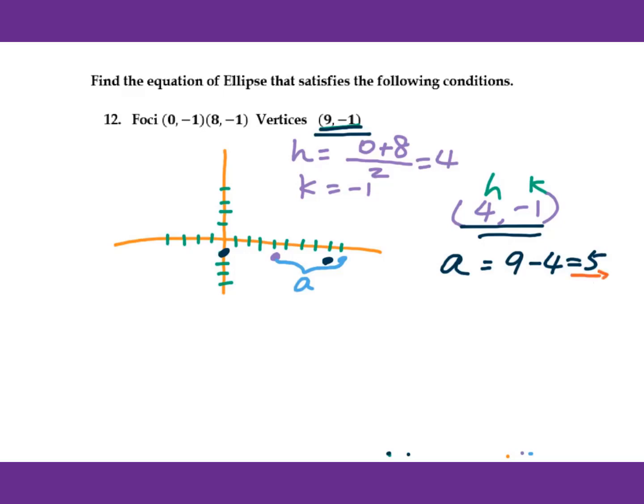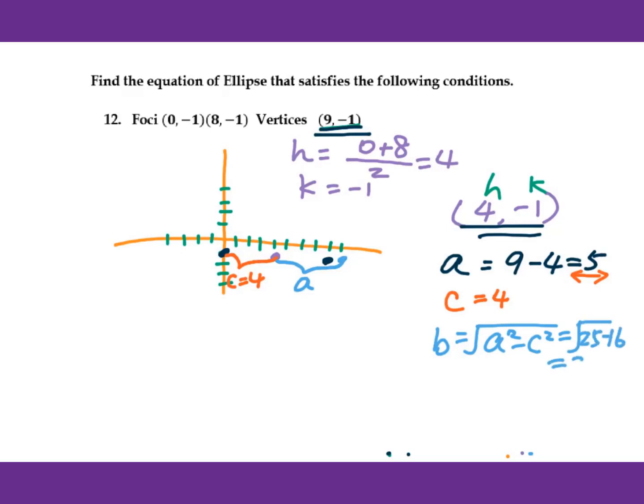This is horizontally moving from the center. From the center to the focus, that is 4. That will be c. So we got c equals 4. Therefore, we can get b equals the square root of a squared minus c squared, which means 25 minus 16 equals 9, so 3.